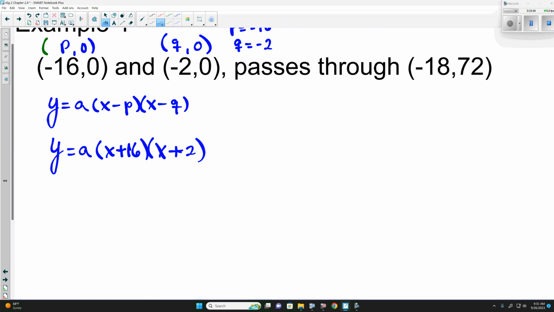Now the last thing we have to do is plug in our point. And again, our point comes in the form of x comma y. So we're going to plug 72 in for y. So 72 equals a times negative 18 plus 16 times negative 18 plus 2.